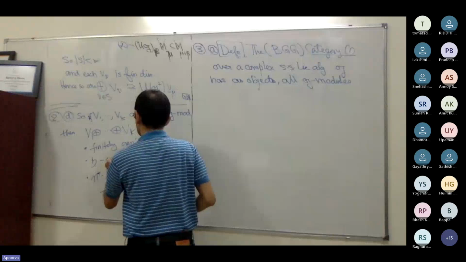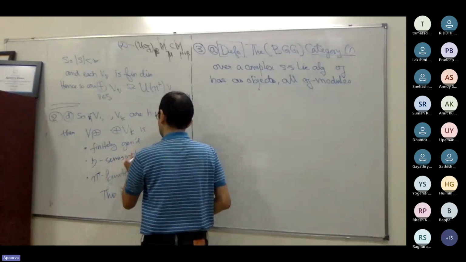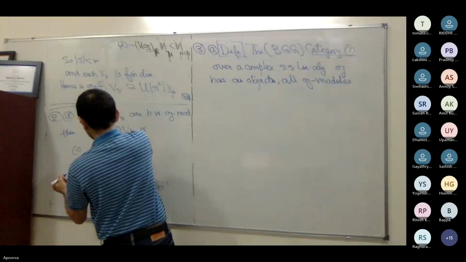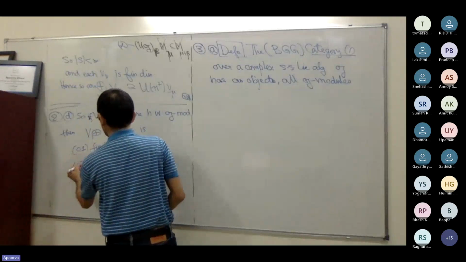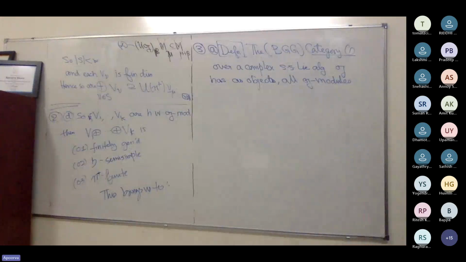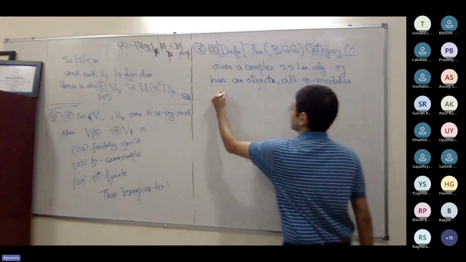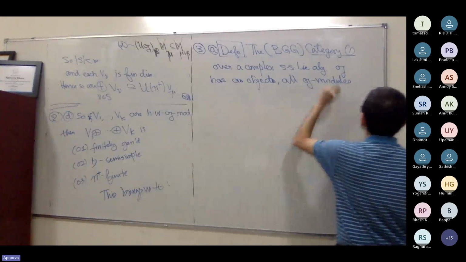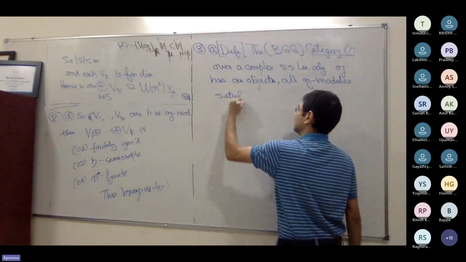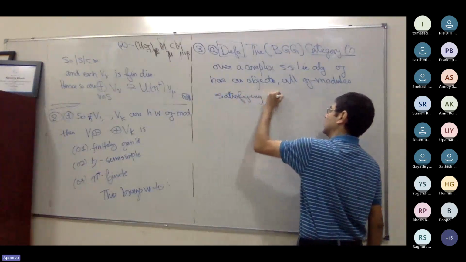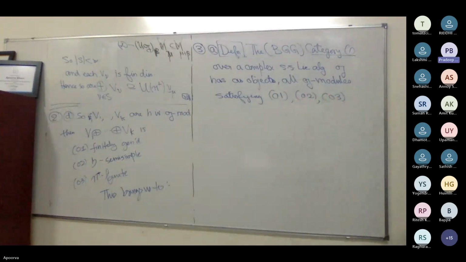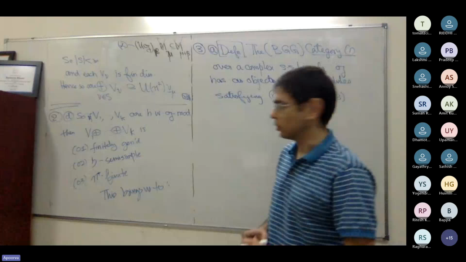It's semi-simple. Let's call this O1, O2, and O3. So all the objects satisfying O1, O2, O3. That is the definition of the category O.